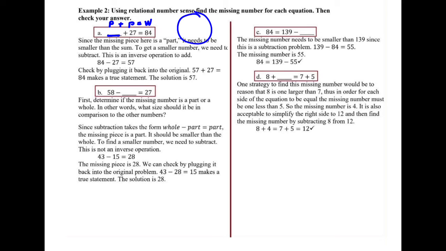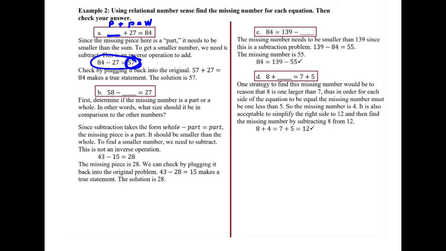So the whole is 84, and we know that 27 is this part. We want to find the other part, so we take 27 away from 84. They get 57 as their answer, and then you can check it. I'm going to go through theirs kind of quickly, and then we'll do ours on the next screen.